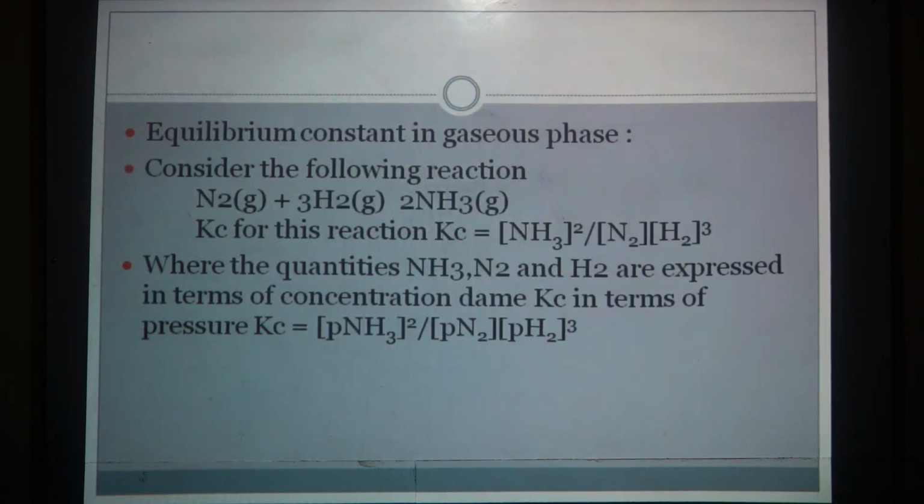Equilibrium constant in gaseous phase. Consider the following reaction: N2 gas plus 3H2 gas gives the products, twice NH3.